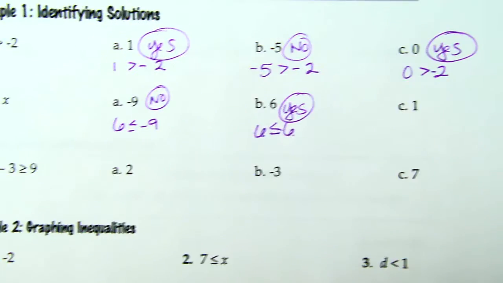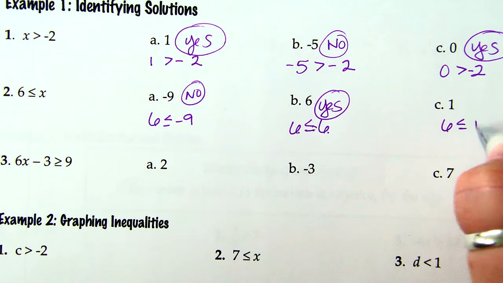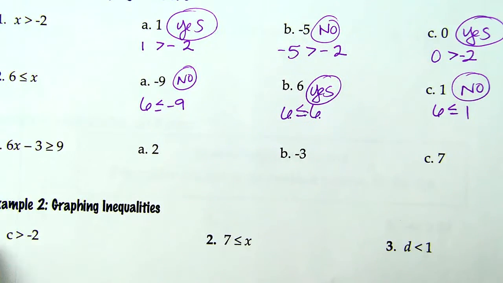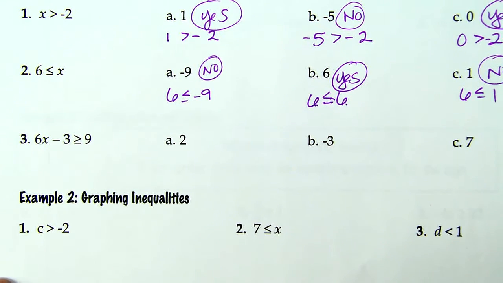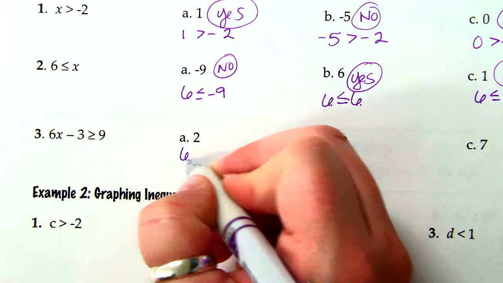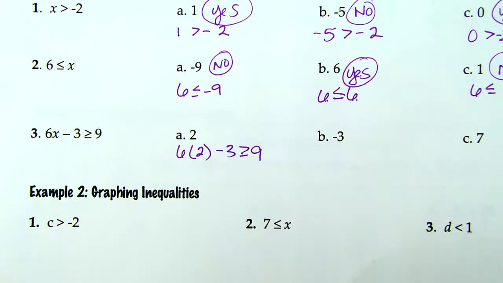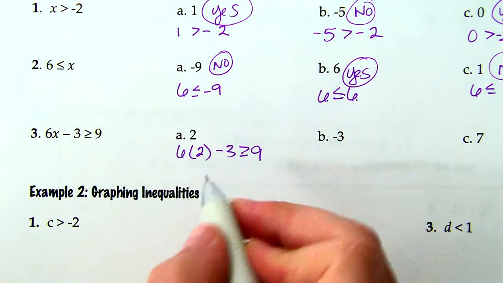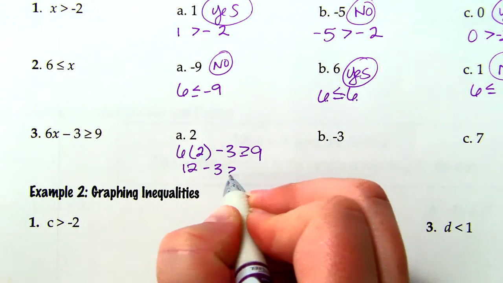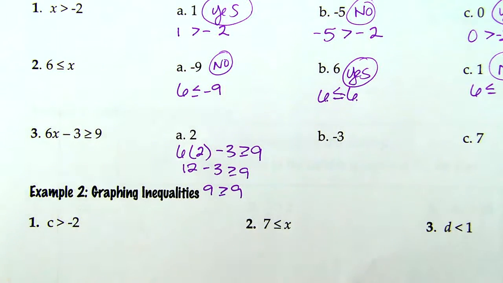And then the last one, we're checking 1. Is 6 less than or equal to 1? No. Okay, number 3, same idea, but this time we'll have to do a little bit more work. We're plugging in 2 for x, and then we're going to simplify each side and see if it's true or not. 6 times 2 is 12. 12 minus 3 is 9. Is 9 greater than or equal to 9? Yes.